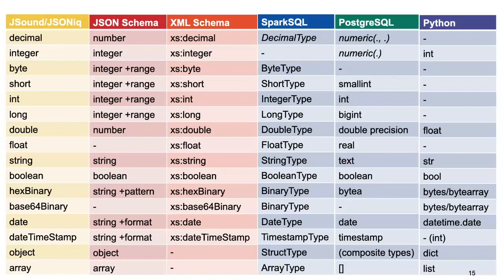When you validate, you have to deal with all of these types. And again, that was at the request of one of you. I think it was a great idea that they asked to have a table like that. By the way, this is a table. You see, tables are everywhere. This is the correspondence of the types across multiple systems, right? PostgreSQL, Spark SQL, JSON and JSONiq, and so on, even Python.